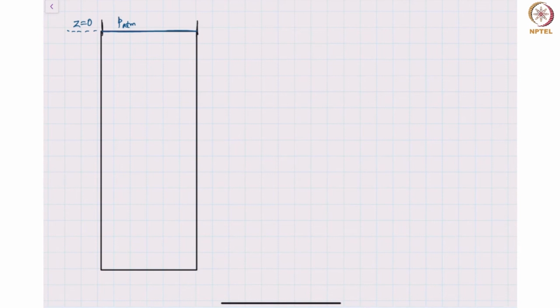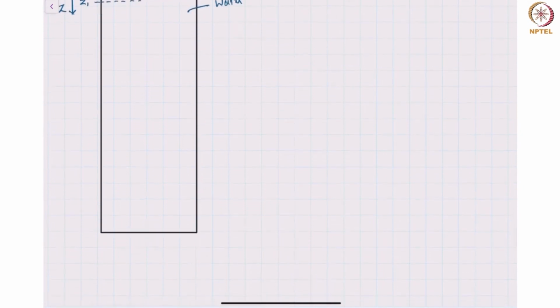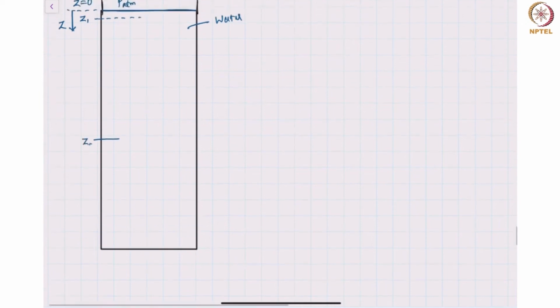Let's look at the variation at different locations. The first location that I'm interested in, let's call it z1, is very, very close to the interface. We'll just think of this as a water tank with air above, and z is positive downwards. Now let's look at somewhere in the middle. We'll call this location z2, or position 2.